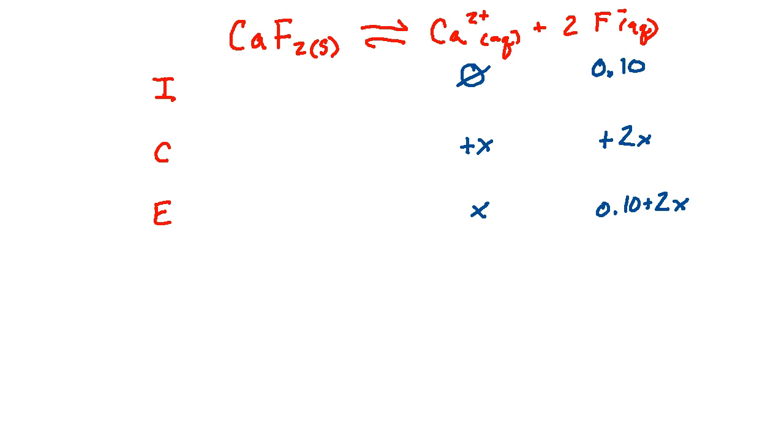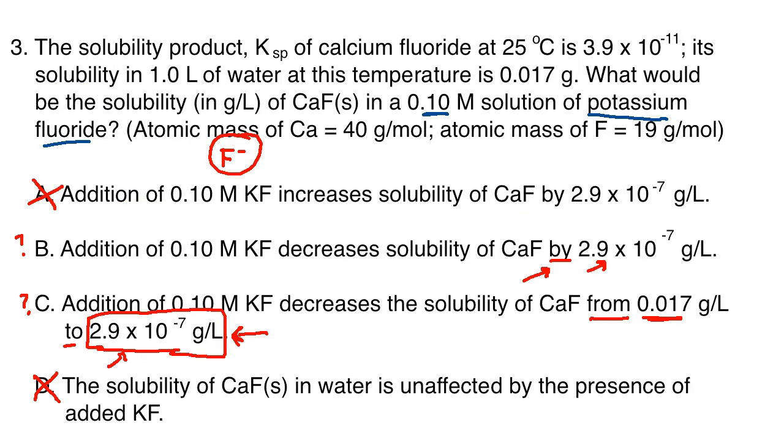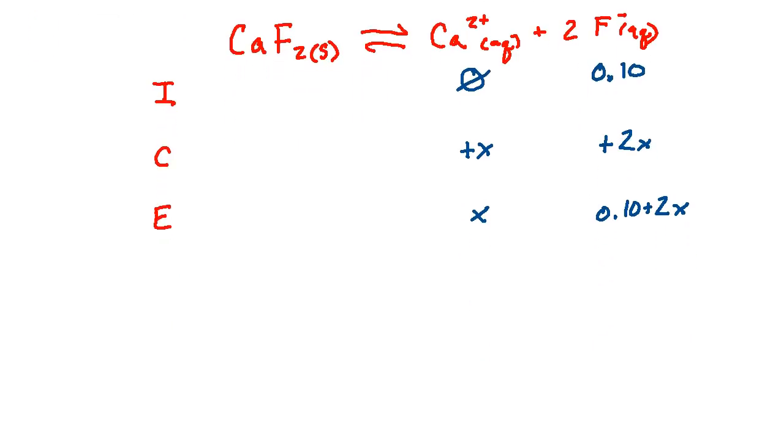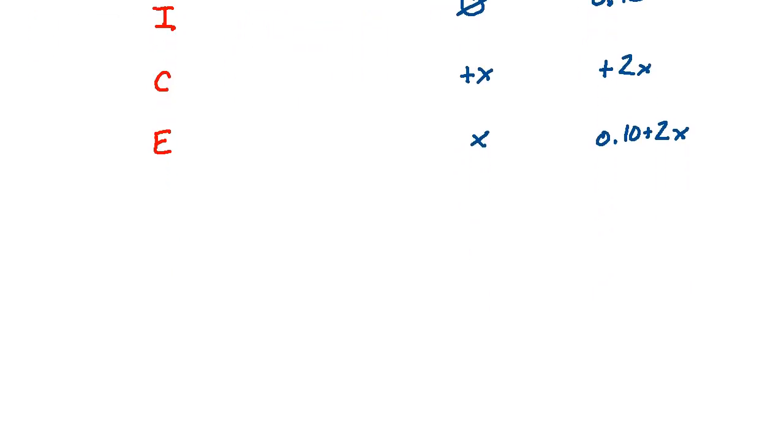All right, so we want to set this up. Now they do mention up here the Ksp value. So this is going to be important because this value right here is what we're going to need in order to plug this in and solve for this. So what we'll do is we'll set the Ksp value up, and we'll say 3.9 times 10 to the negative 11th is going to be equal to x, right?